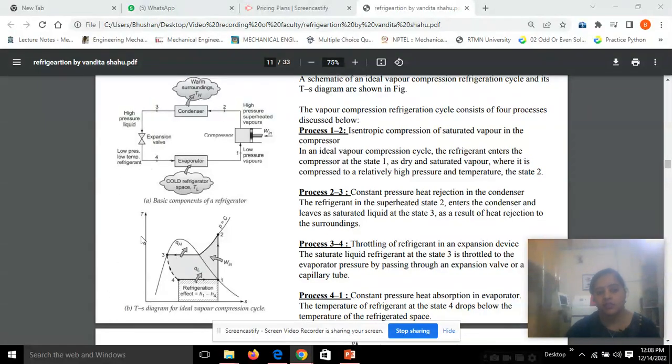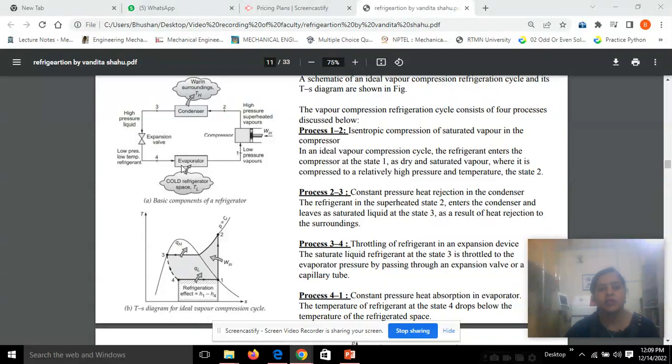You can see the process in the TS diagram. The process 1 to 2 is the compression process. The pressure is increased, and then at constant pressure, heat is rejected to the surrounding. This is the constant pressure line, and heat is rejected to the surrounding. In expansion, the enthalpy remains constant and only the pressure is reduced. So 3 to 4 is an isenthalpic process, where the pressure is reduced back to the original pressure and enthalpy is constant.